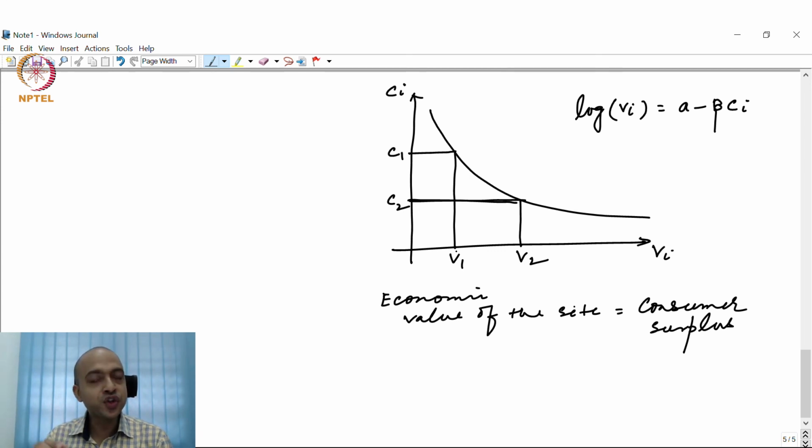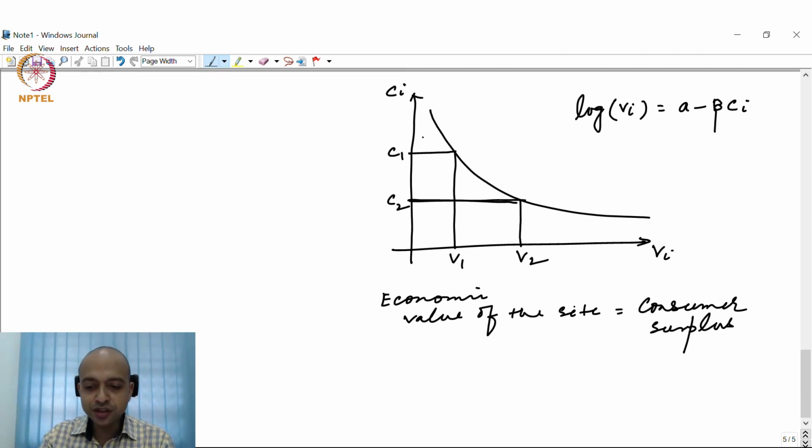When I say the visitor is making V1 number of trips at a cost C1, that definitely means the visitor's maximum willingness to spend is higher than C1. But the visitor is paying only C1.